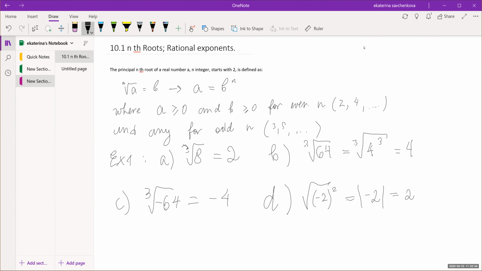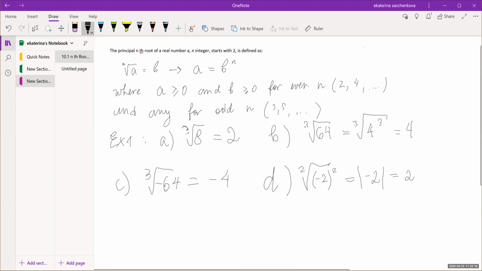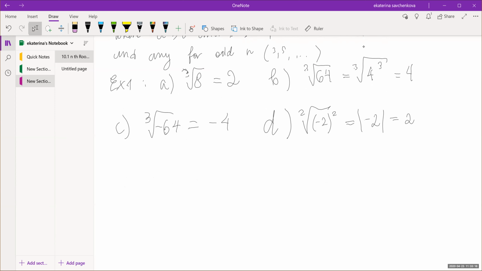Just remember that if you have an even power, the result is always going to be a positive number, right? I'm going to write down a general rule. General rule: if n is odd, then the nth root of a to the power of n is going to be just a.